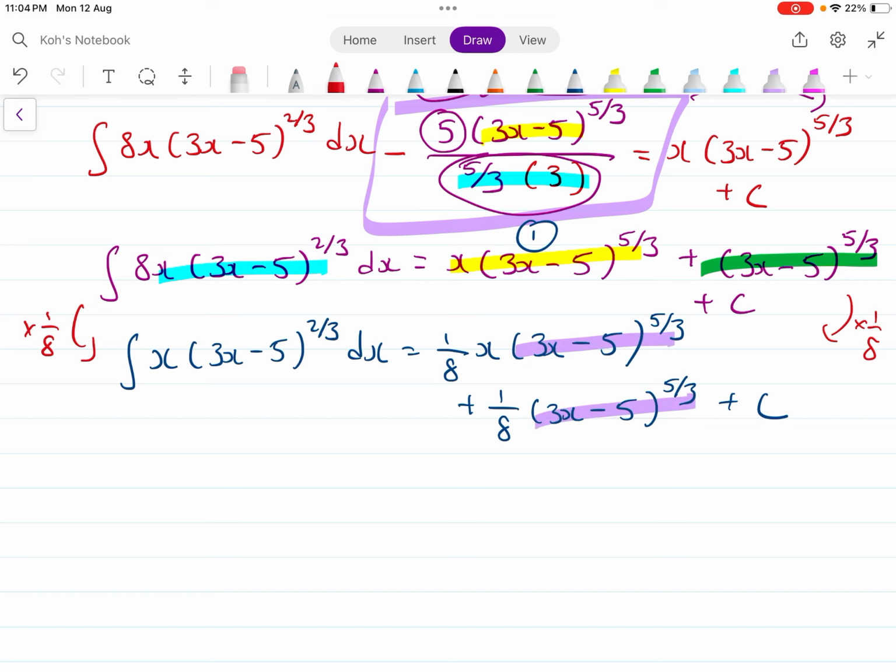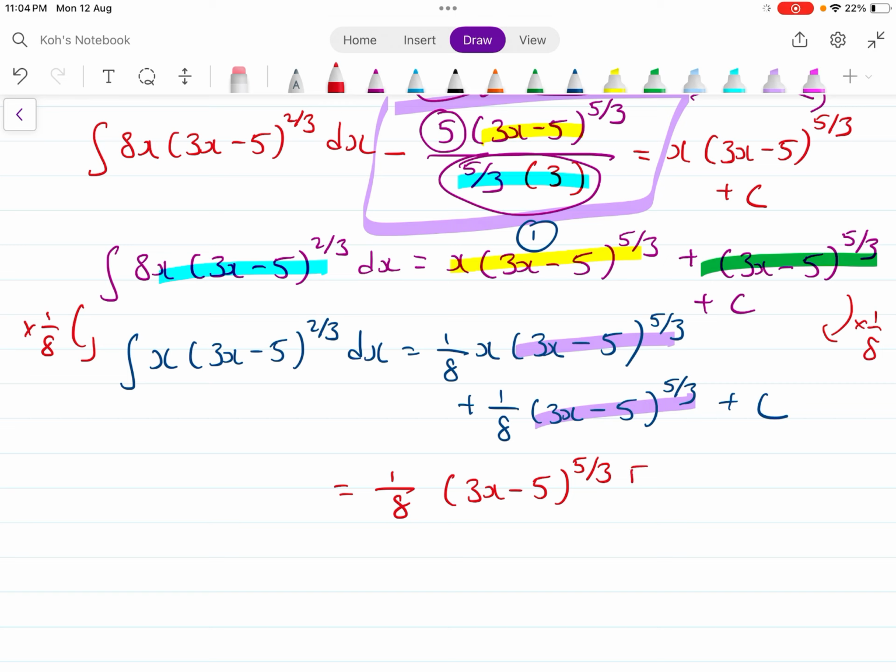So I take out (3x − 5)^(5/3). There's one more thing I can take out, the 1 over 8, because it's a common factor. So I take out 1 over 8 and the (3x − 5) bracket to the power of 5 over 3.